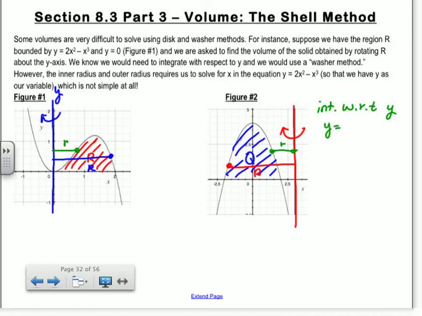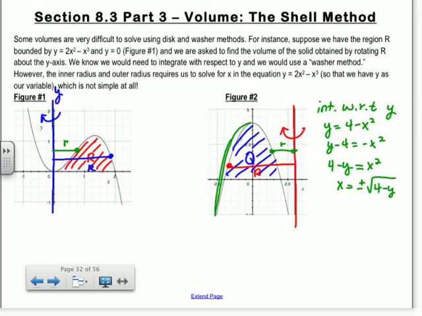So in our case, we had y equals 4 minus x squared, so we need to solve for x. When we do that, we have y minus 4 equals negative x squared. Divide by the negative, so negative y plus 4 equals x squared. When we take the square root, we get x equals plus or minus the square root of 4 minus y. That's what's breaking it into the 2 pieces.